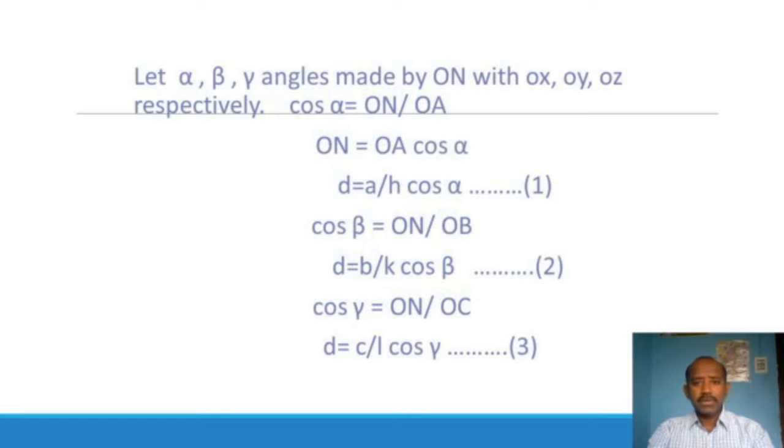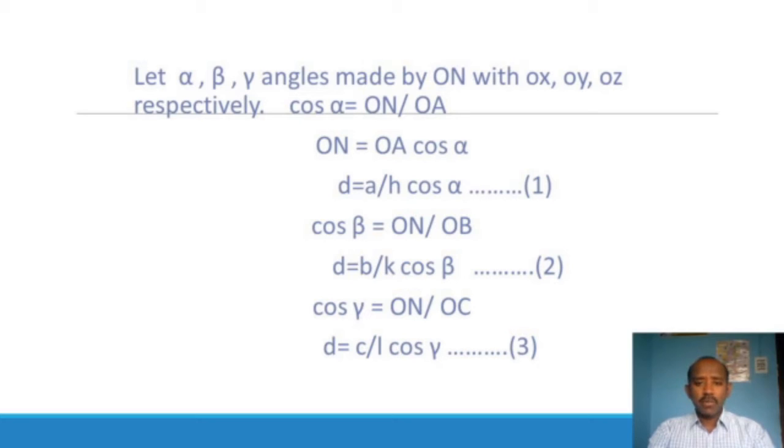So cos alpha is equal to ON by OA, so ON is equal to OA into cos alpha, where ON is small d and OA is a by h. Take it as equation number 1.